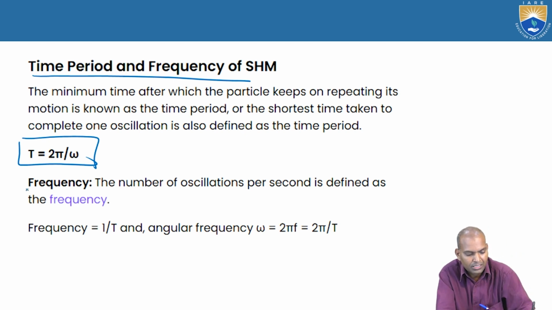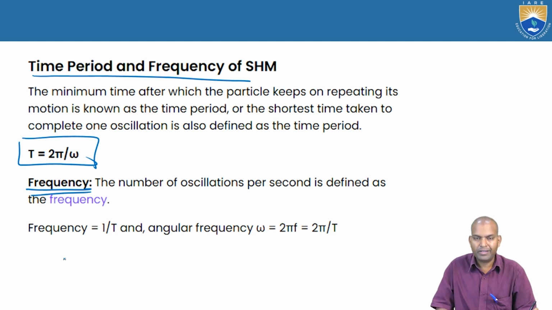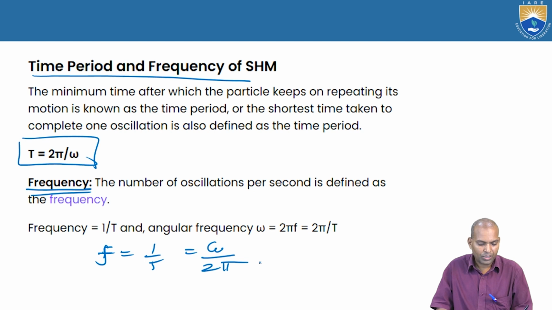Now the frequency, the number of oscillations per second, is known as the frequency. The frequency is the inverse of the time period, or the time period is the inverse of the frequency. So the frequency f equal to 1 by T, that is omega by 2 pi. We know that for linear simple harmonic motion, omega equal to under square root of k by m.